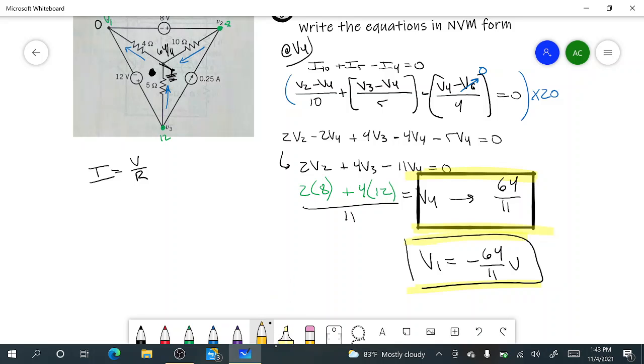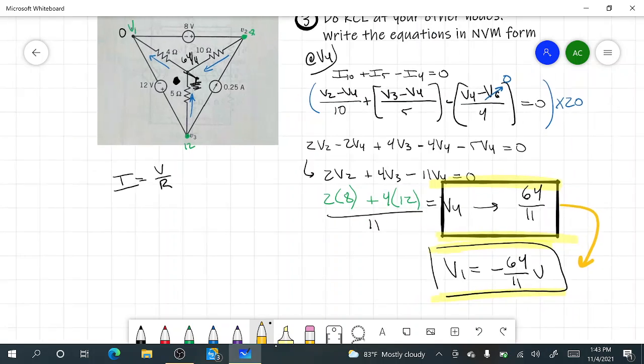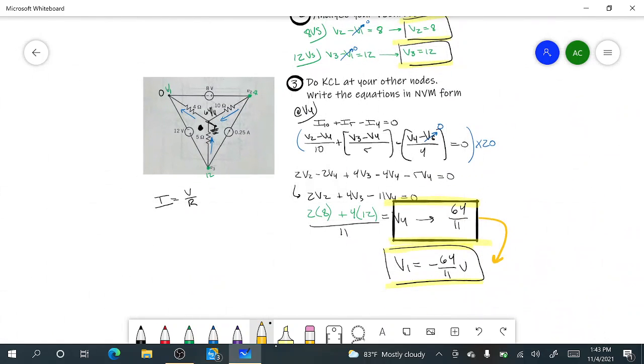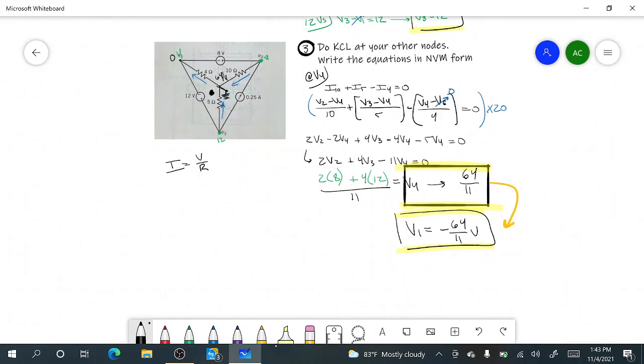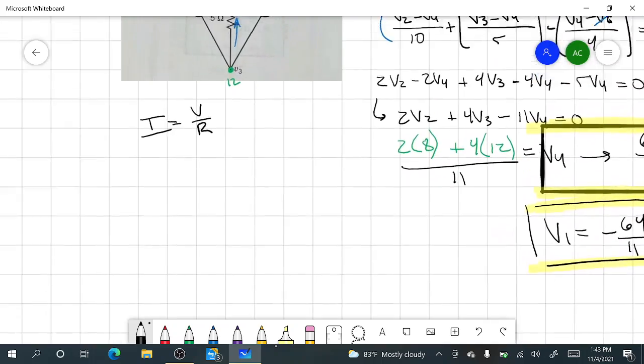A lot of students actually get tripped up on that, but don't let it get you. You flip the ground, you flip the nodes, and so I solved it my way, and all the answers are still the same. V2 is still going to be 8, and V3 is still going to be 12. It's just that my V1 and my V4 are going to flip, because if you look at it like this, I can just put it into the equation form.